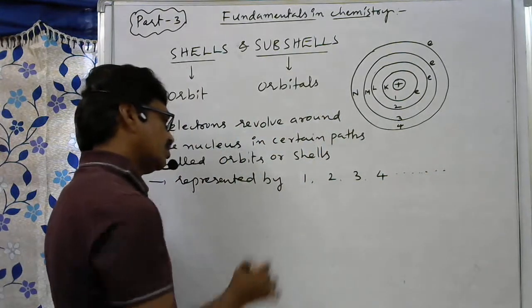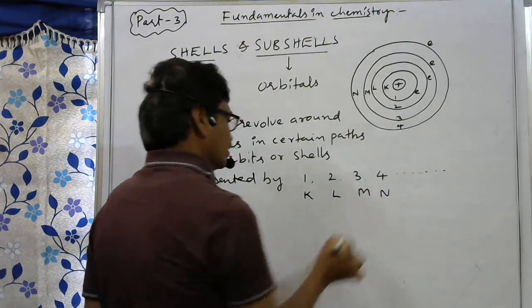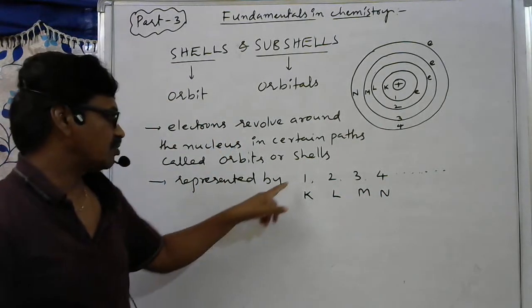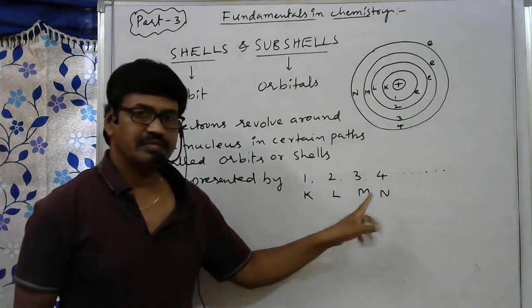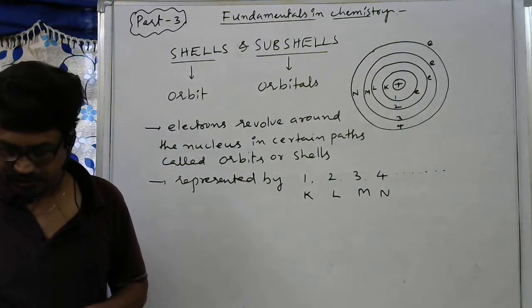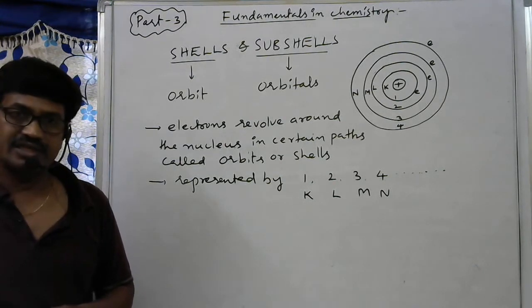Similarly, K, L, M, N. So the shells or orbits are represented by 1, 2, 3, 4 or K, L, M, N. These we should know. And shells are denoted by n.